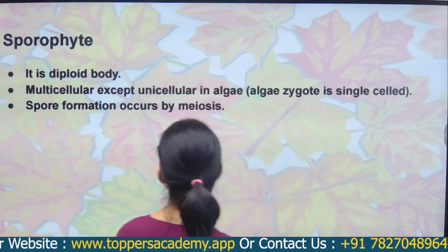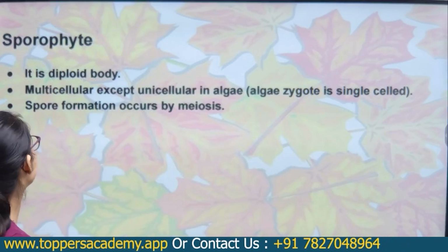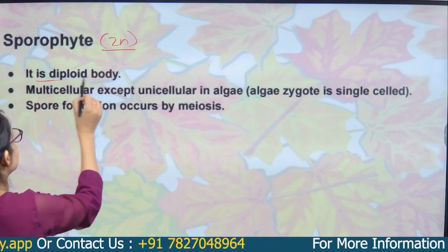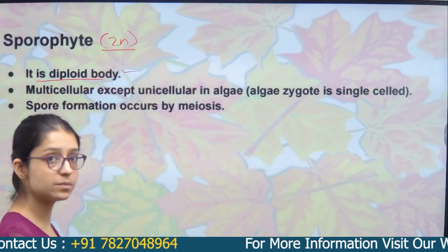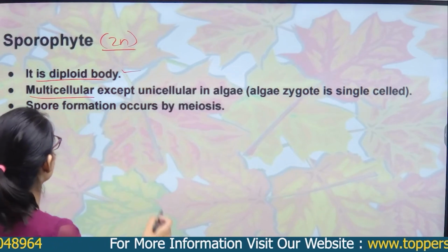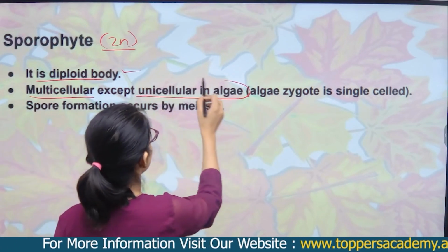So next is the sporophyte, that is the main body. The number is 2n, so it is a diploid body. It is multicellular, made up of many cells, except unicellular in algae.